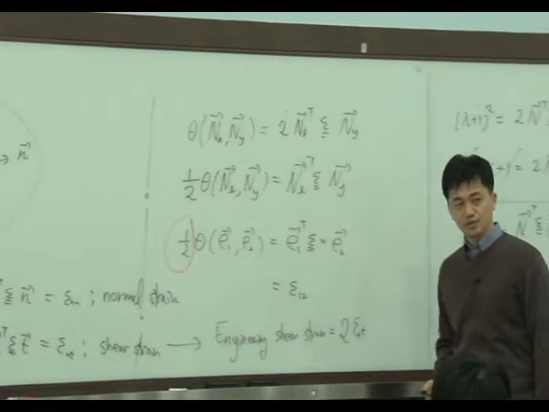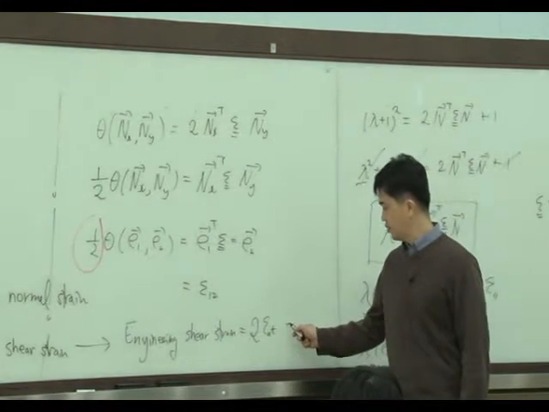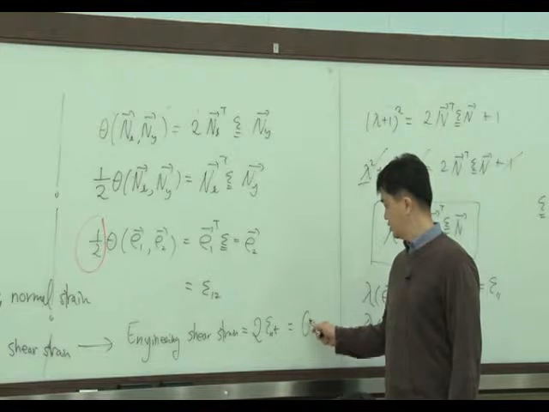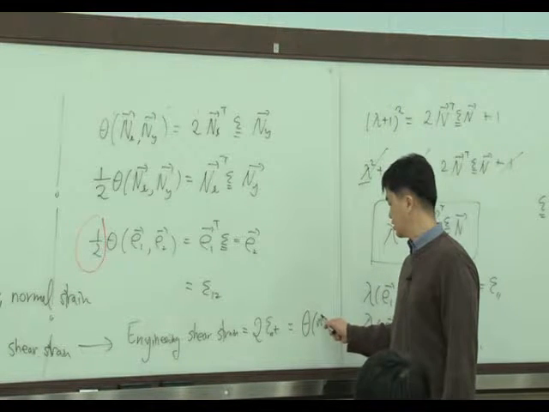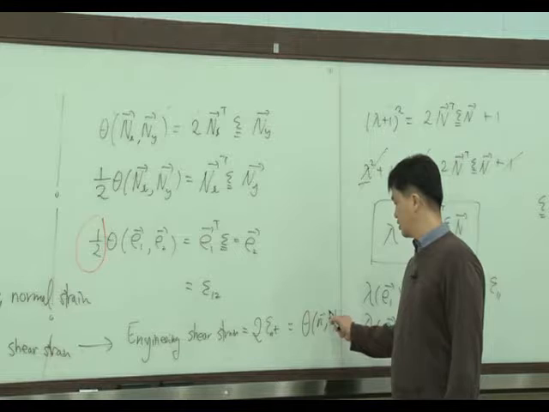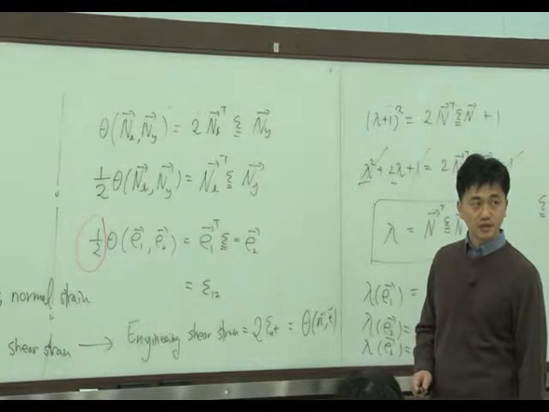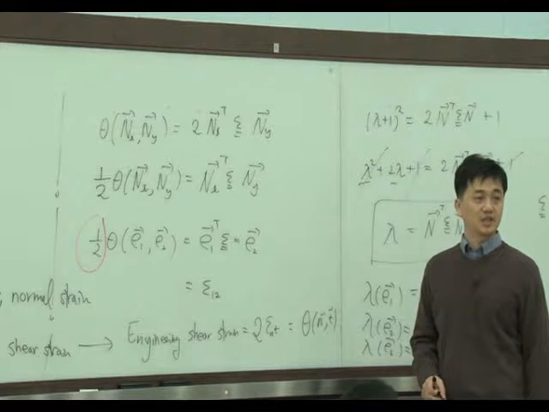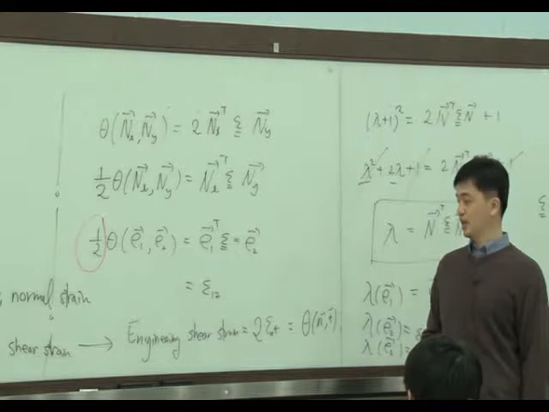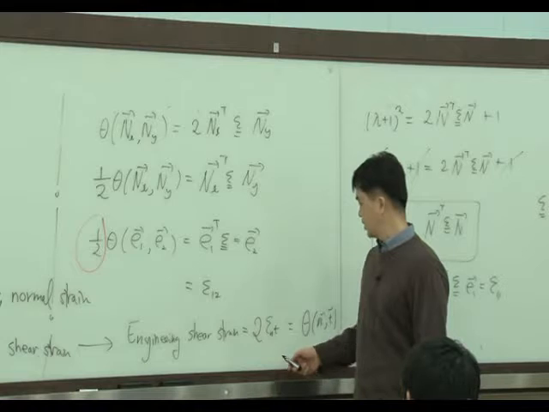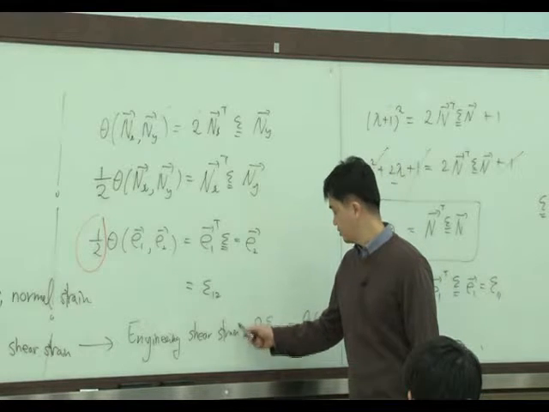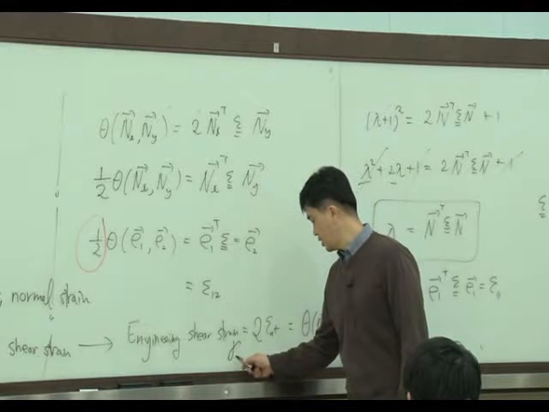We multiply by 2, so it becomes just the angle change. In undergraduate school, we frequently use engineering shear strain instead of shear strain. So we can write down engineering shear strain gamma n t.